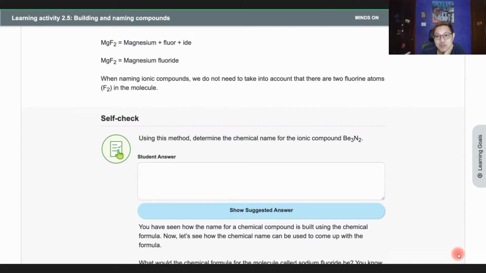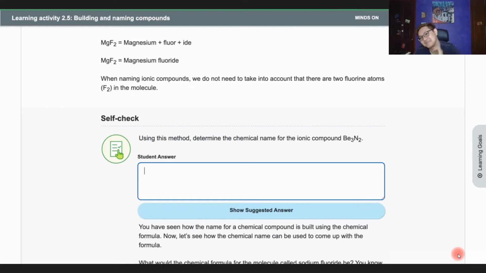It's beryllium nitride. Oh, nitride. It's beryllium nitride.